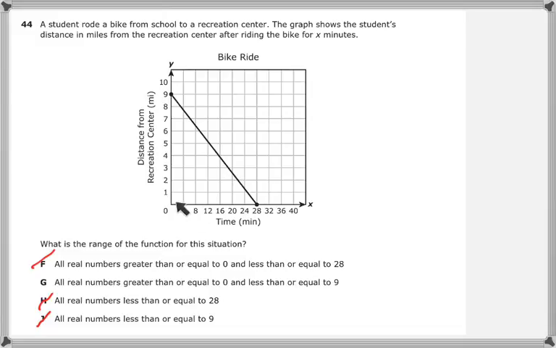Our graph stops at 0 on the y-axis, and it goes up to 9 and then stops. So it goes down to 0 as our lowest range value, and 9 is our highest range value. It's saying all real numbers in between, because our graph is continuous. That would be true. So answer choice G is the best one on this one.